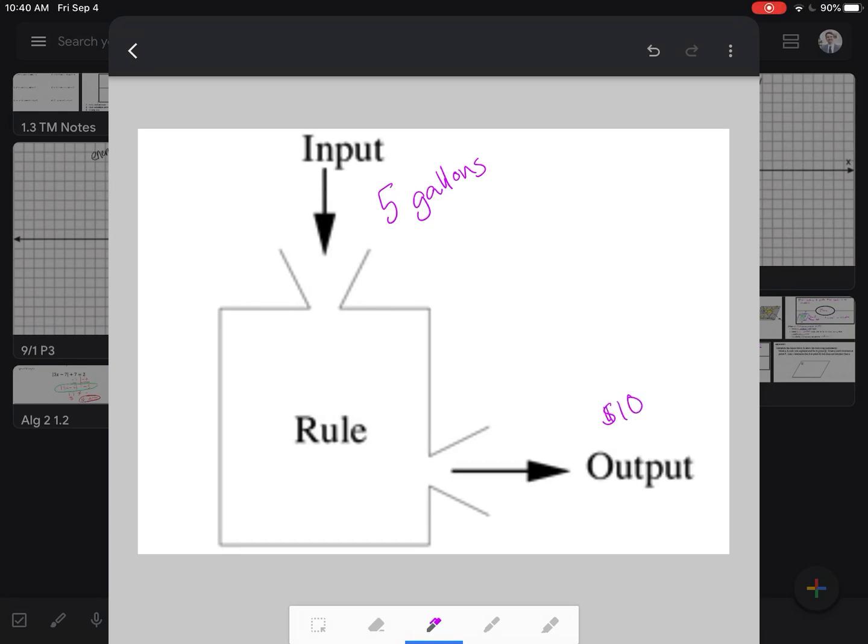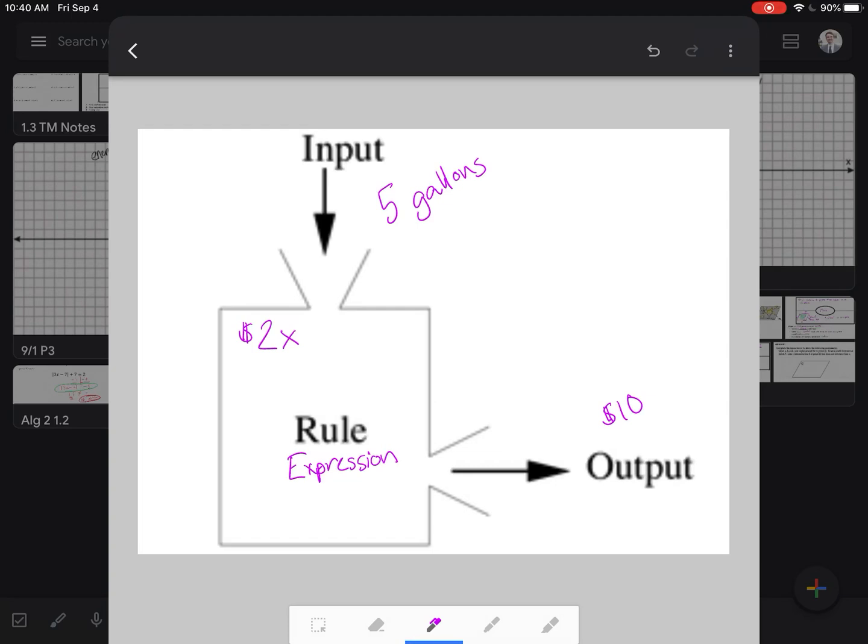Now the rule here is where the expression comes in. So this is your expression. And this basically is the process of how we get from the input to the output. So if gas is $2 a gallon and we buy X gallons of gas, this 5 is our X value and it's going to spit out the $10 that we have to pay.